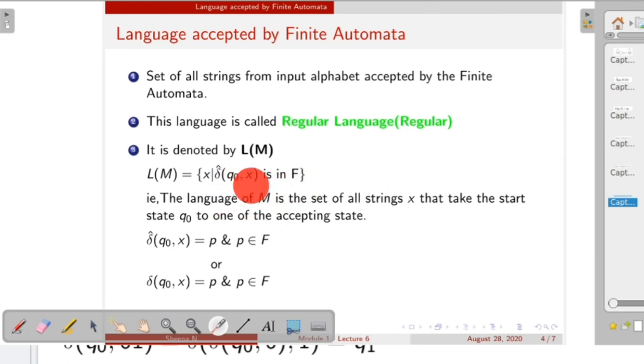We process the string x starting from the initial state and we get a final state. That means x is accepted by the finite automata, then it is a member of the language. Okay, that is the language.